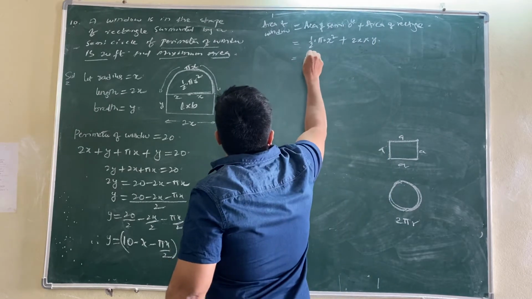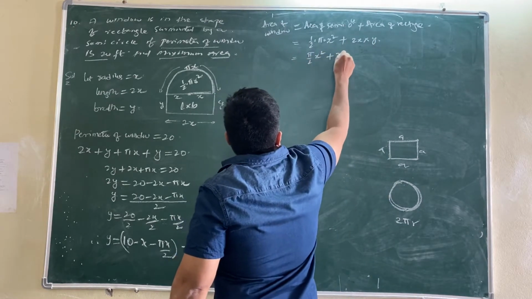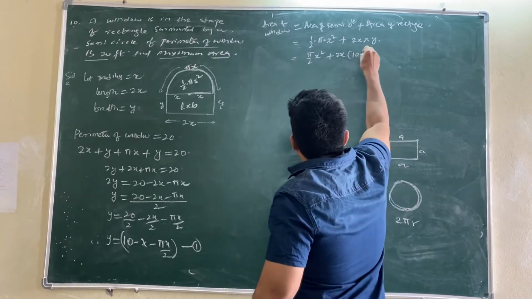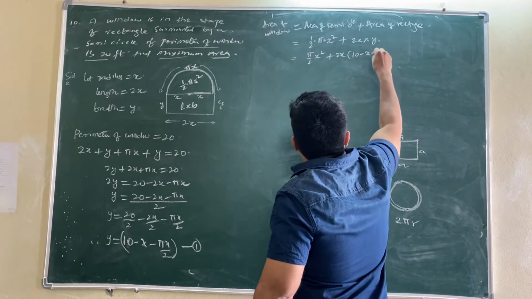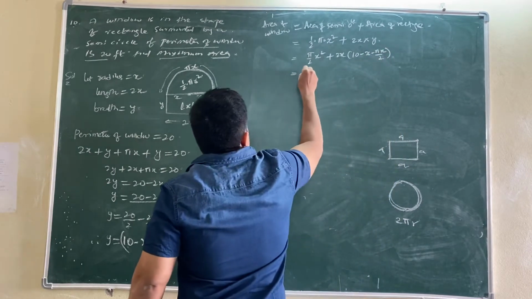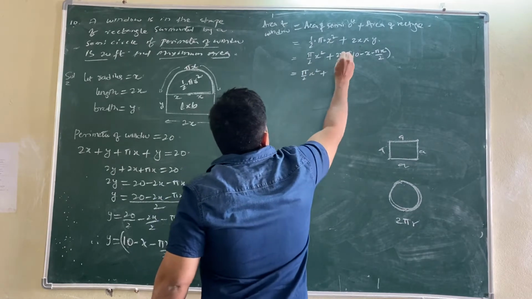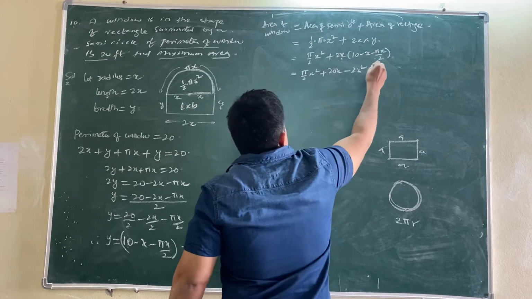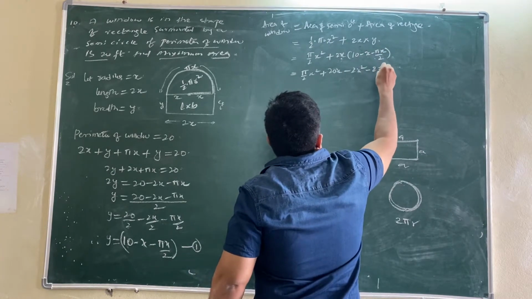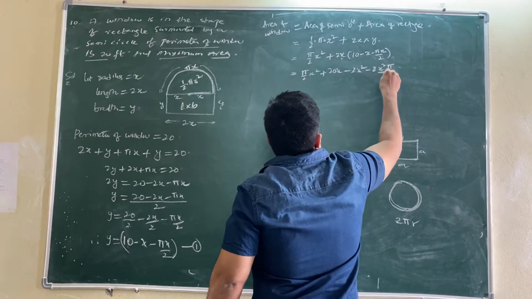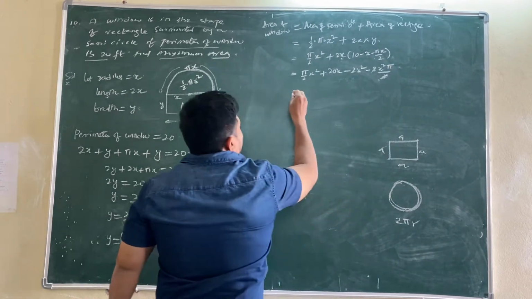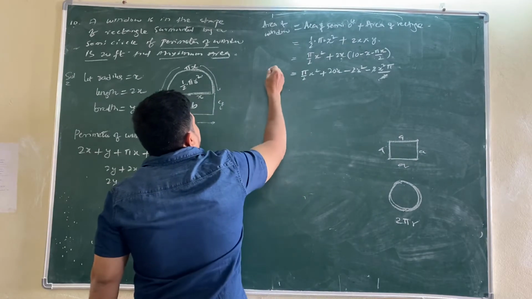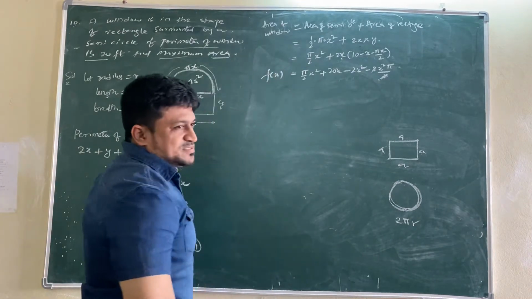So this one is pi by 2 x square plus 2x into the value of y, which is 10 minus x minus pi x by 2. Now this is pi by 2 x square plus 2 into 10, 2x into x, and 2x square pi by 2. Whatever we have, area is f of x.